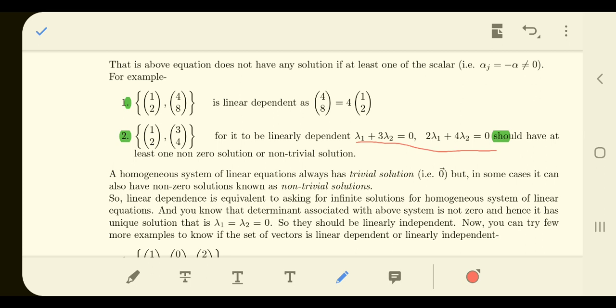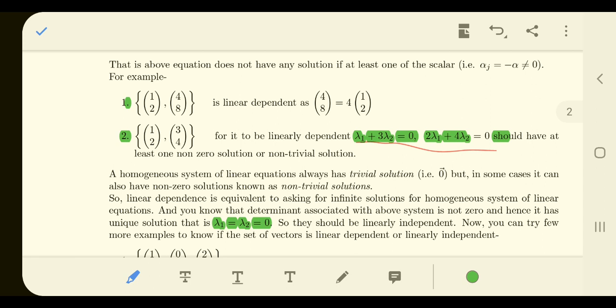Okay, so what we are looking for: if you get only 0, that is, lambda 1 and lambda 2 both are 0, and this is the only solution, then we call it a trivial solution. If you get something wherein lambda 1 or lambda 2 or both of them are not 0, and it still satisfies this equation, then we say that it has a non-trivial solution.